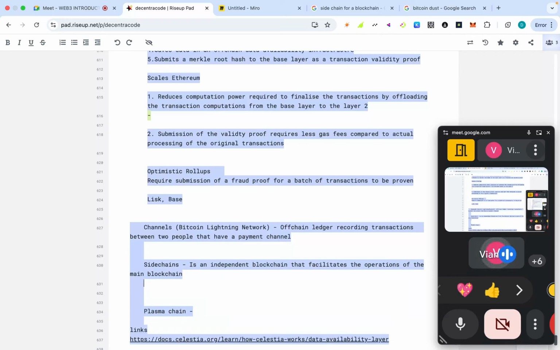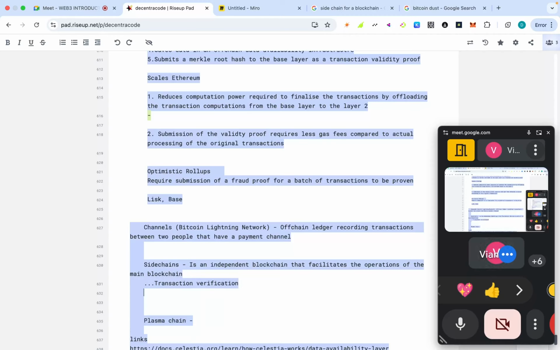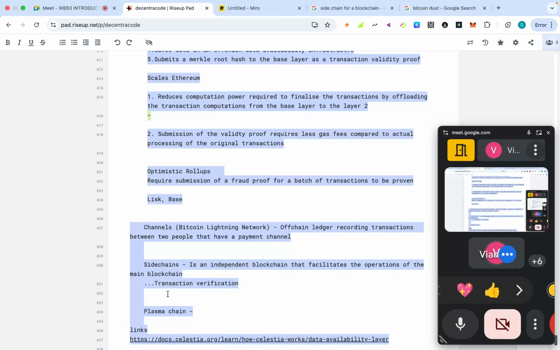By facilitation, I'm talking about things like transaction verification. Essentially transaction verification is the kind of thing it facilitates.